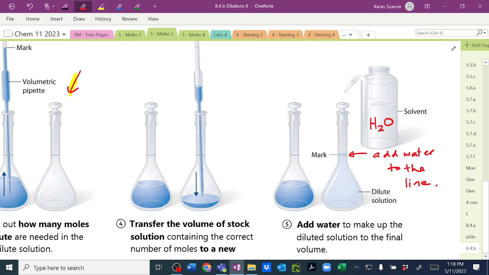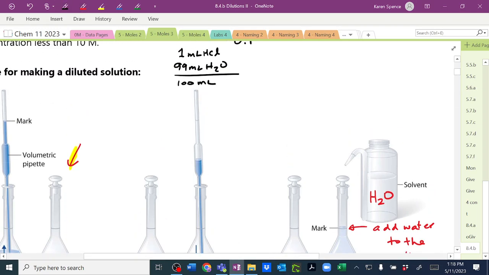Now the key idea with this: do you remember what we could say about the moles before dilution? What happens to them after dilution?